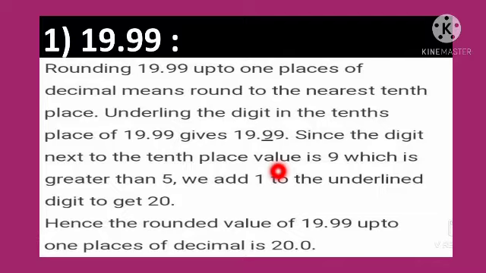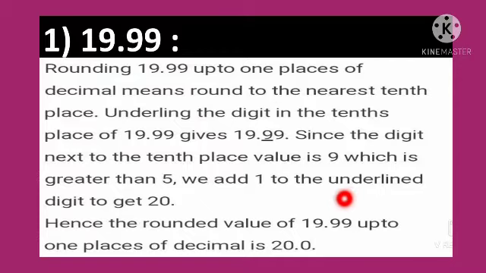Yes, add 1 to the underlined digit. So we get 20. That is, if we add 1 to the number, 19 plus 1 gives 20. Hence, the rounded value of 19.99 up to 1 place of decimal is 20.0.